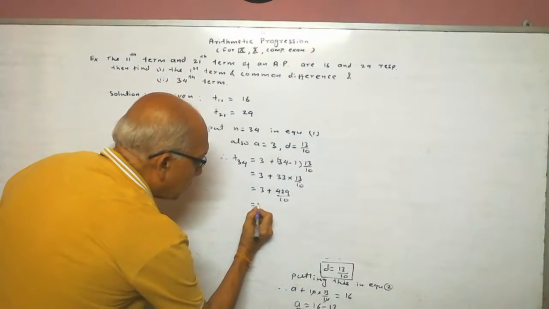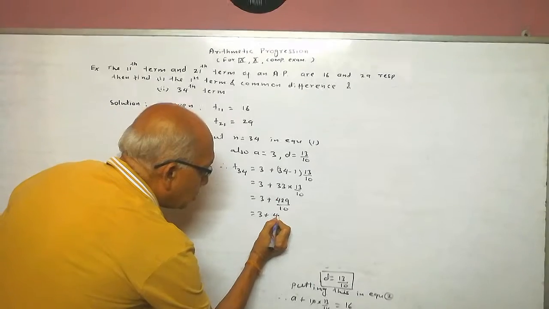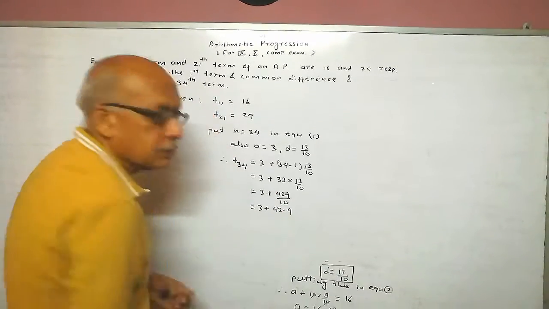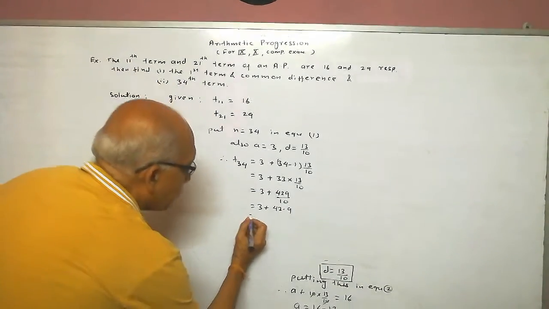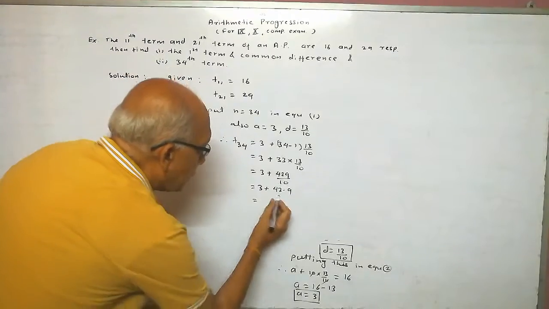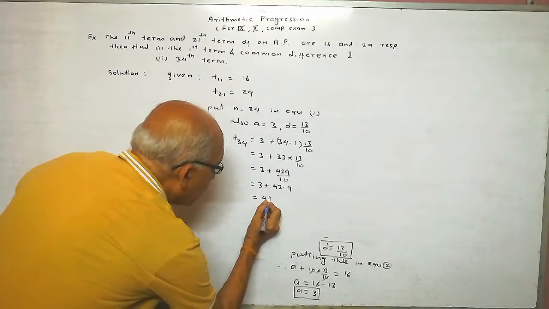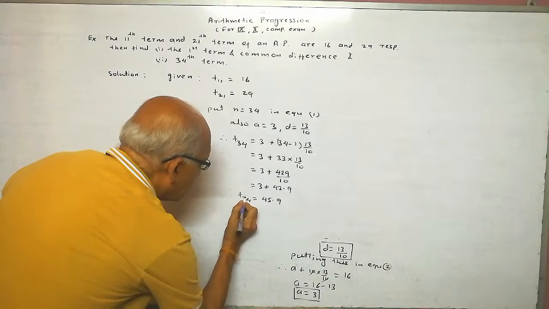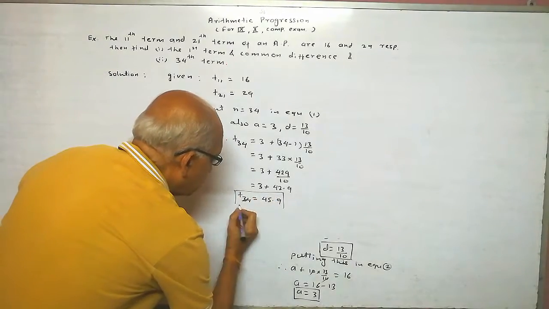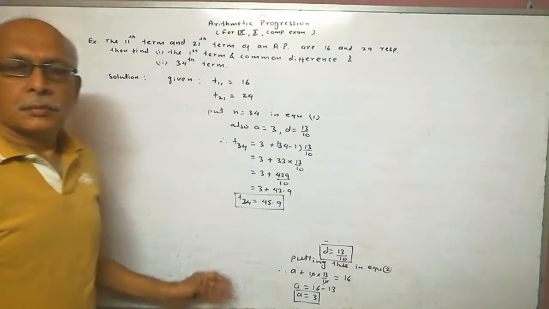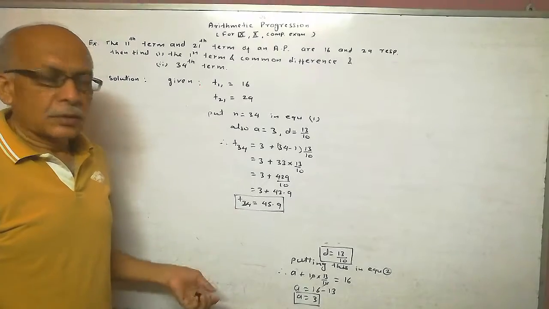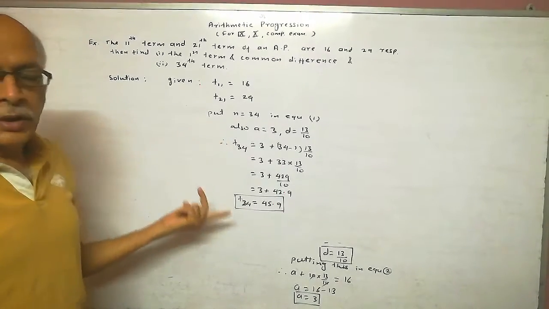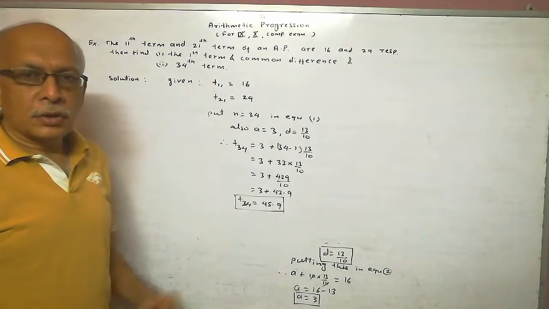Simplify further, so it will be 3 plus 42.9. Now add them, so it becomes 45.9. So this is our 34th term, which we had to find. This is the answer. This question can be asked in the 10th class or in competitive exams.